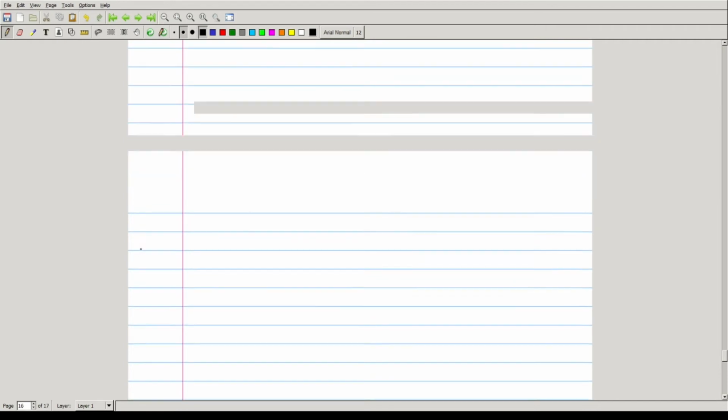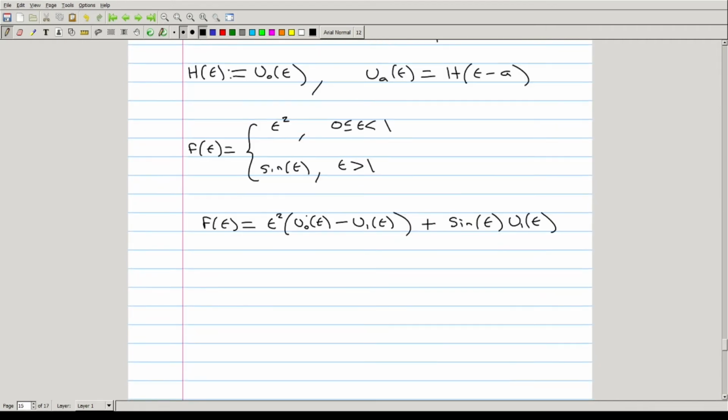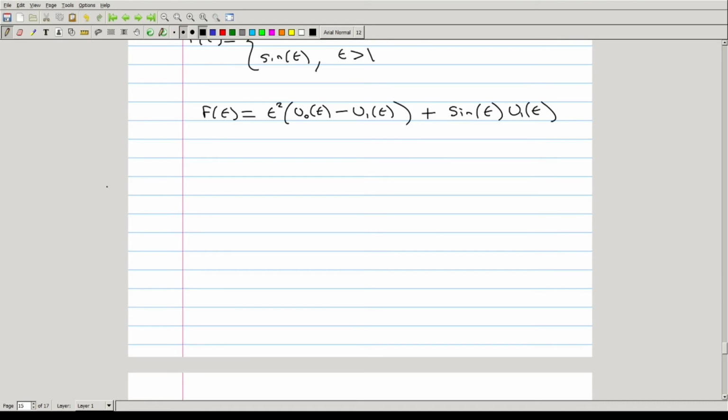This is very, very important in applications. It's so important, in fact, that we have a theorem called the second shifting theorem that tells us what happens when we take the Laplace transform of a function times a unit step function.